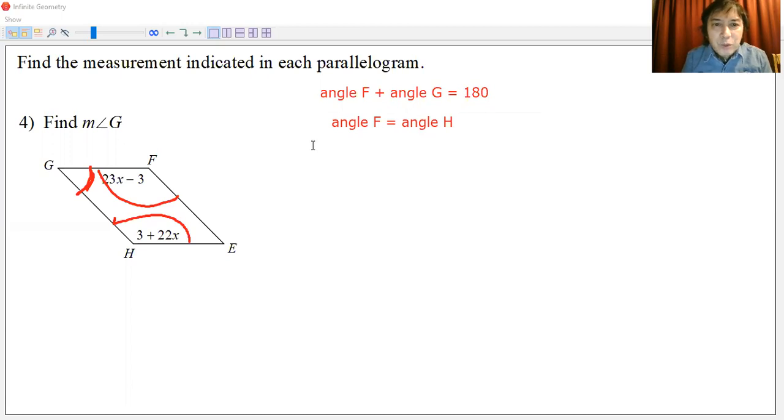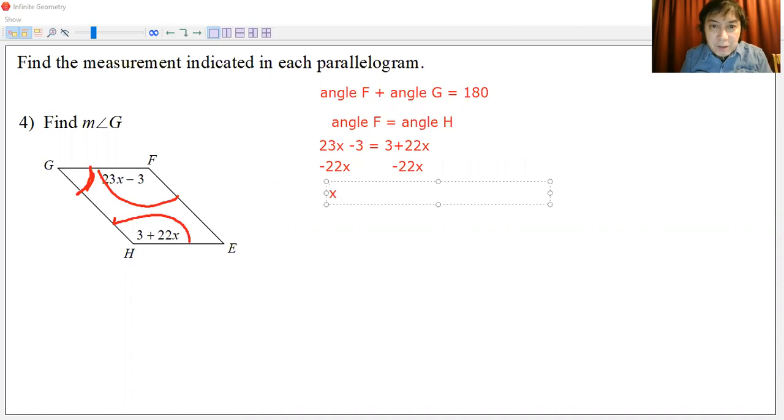So this will be 23x minus 3, and this must be equal to 3 plus 22x. We shall do it by way of subtraction. This will be minus 22x from both sides.